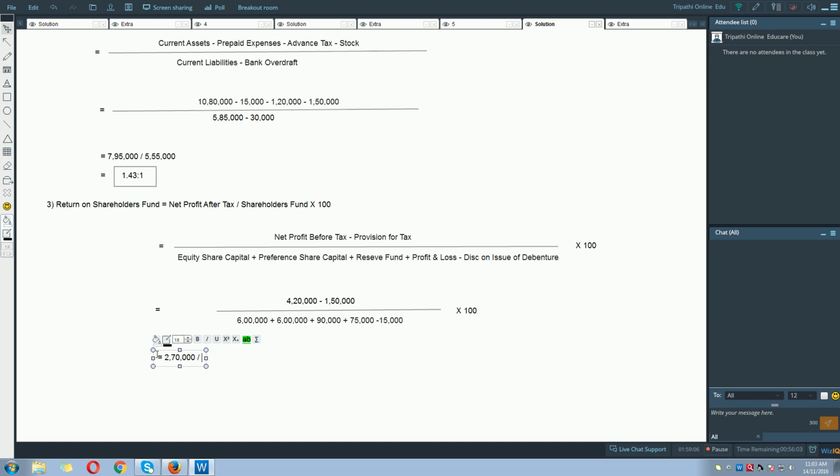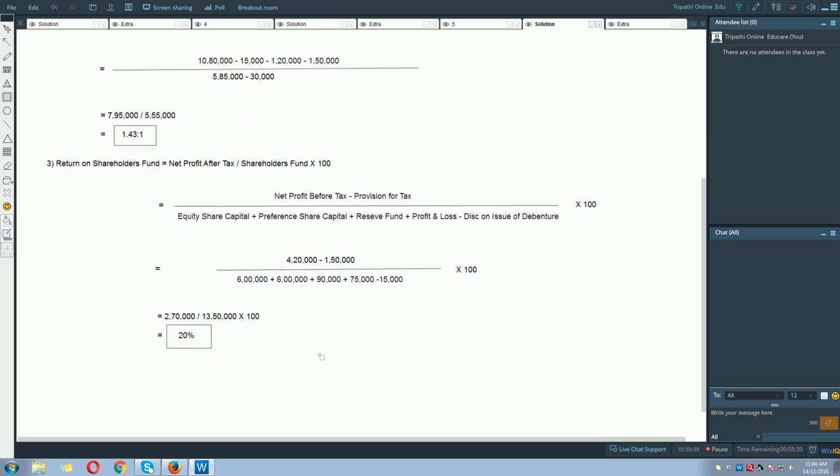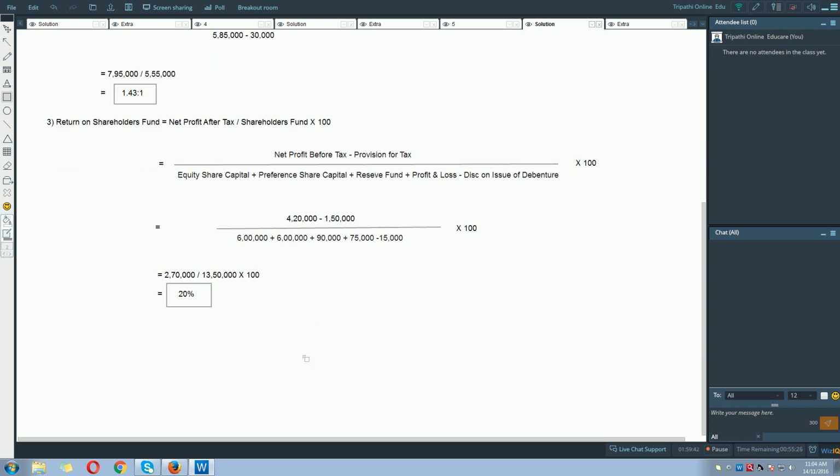Equity share capital 6 lakhs plus preference share capital 6 lakhs plus reserve fund is 90,000, profit and loss account 75,000.